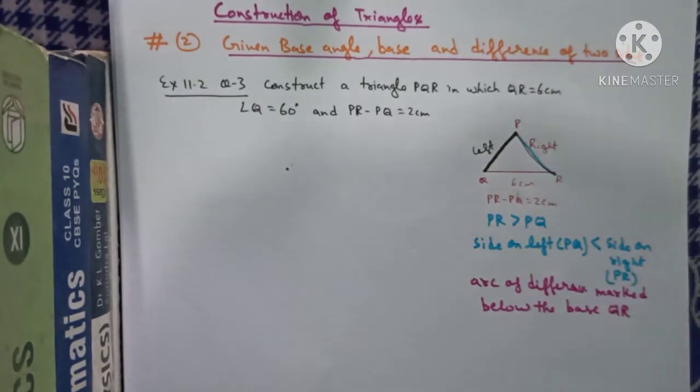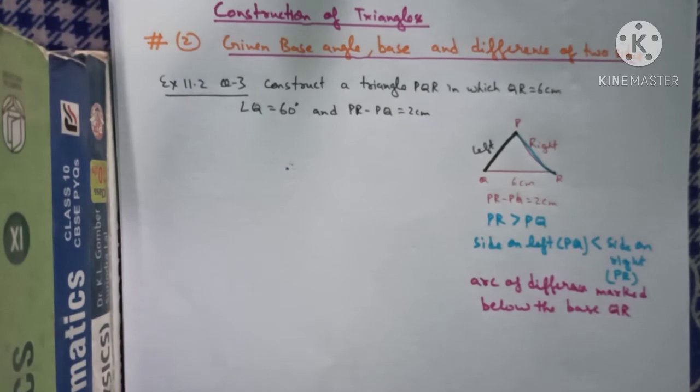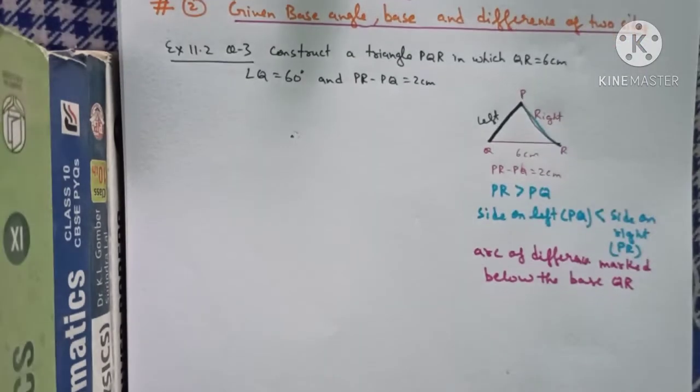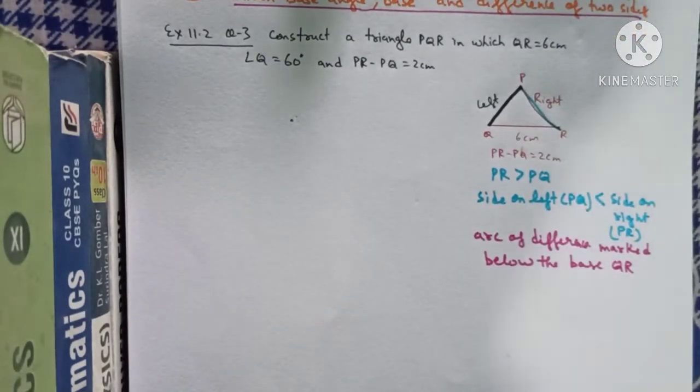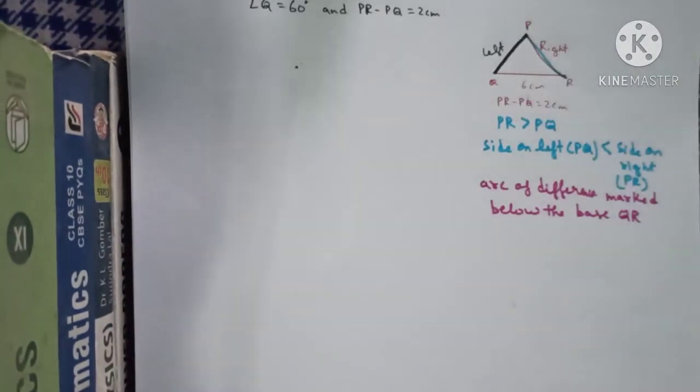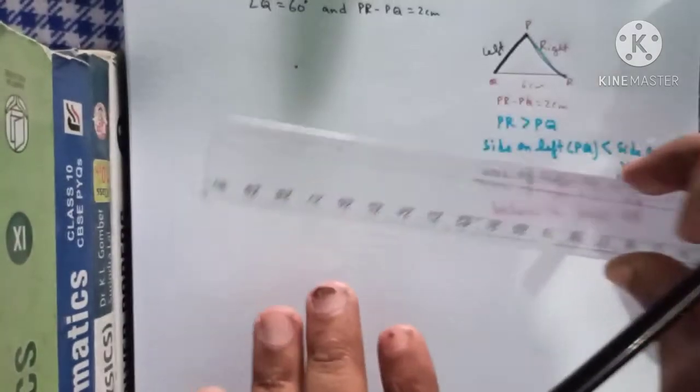So that is why this question is very important from the point of view of your exam. So be very careful that you are not making any mistake about this. Okay, hope you have understood the concept. So here also we will start in a similar manner as we have done in the previous questions.